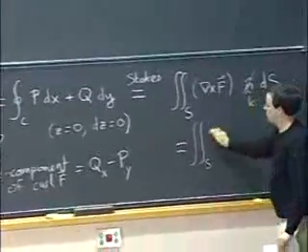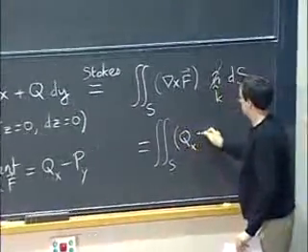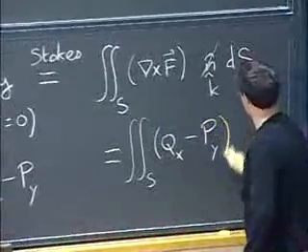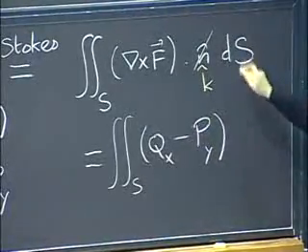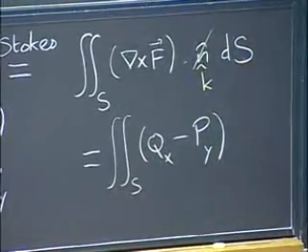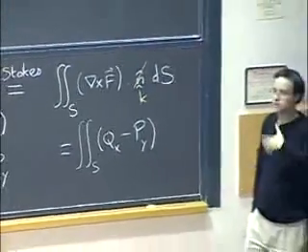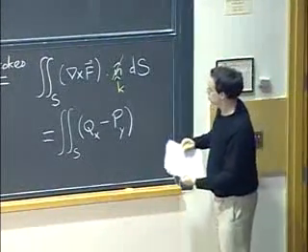Okay, so my double integral becomes the double integral of q sub x minus p sub y. What about dS? Well, I'm in a piece of the xy plane, so dS is just dx dy, or your favorite combination that does the same thing.